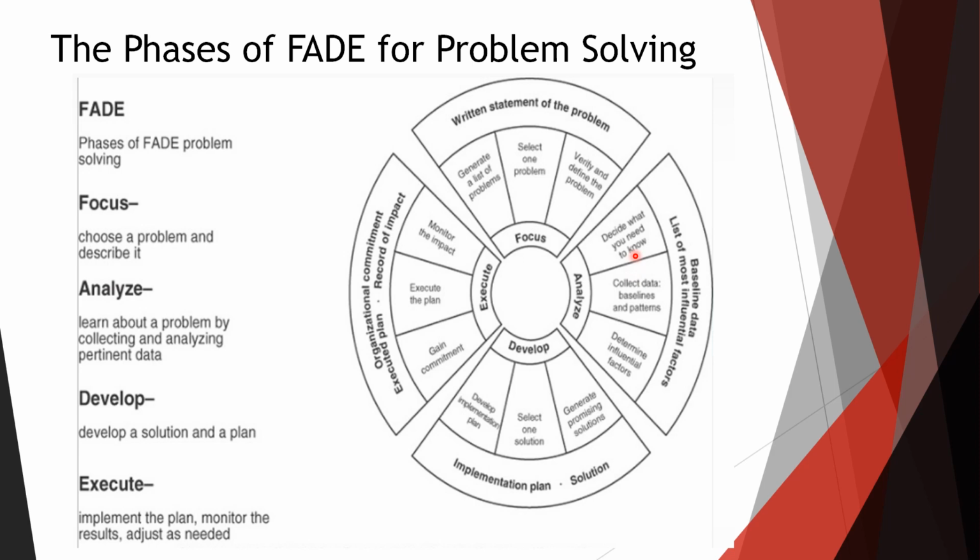Okay, so beyond that, there's a baseline data list of most influential factors, so all the factors that can go into it. You decide what you need to know, collect data baselines from patterns, determine influential factors. Then there's implementation of the plan, so you generate a promising solution, select one solution, determine implementation plan.